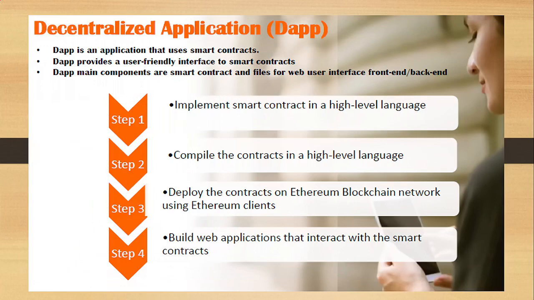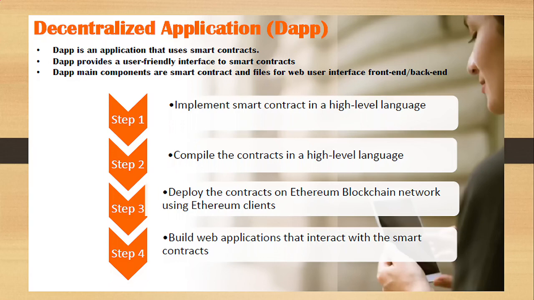So how can you implement one? You can say a DApp, as the name suggests, is an application that uses smart contracts. They provide a user friendly interface that you can always associate with smart contracts. Ideally, these can be created as you have seen. You can have a front end and back end. It's just like building a website.